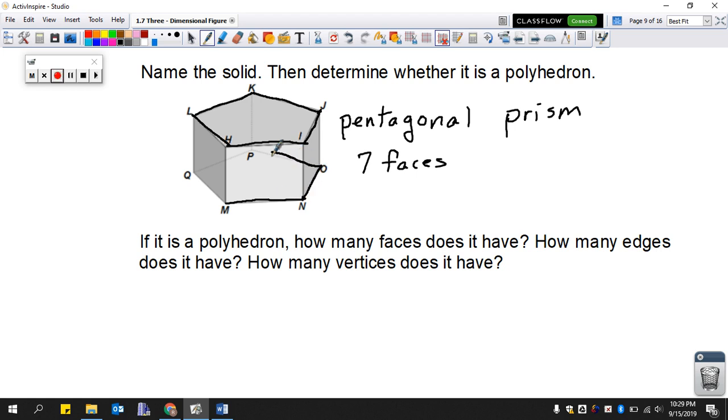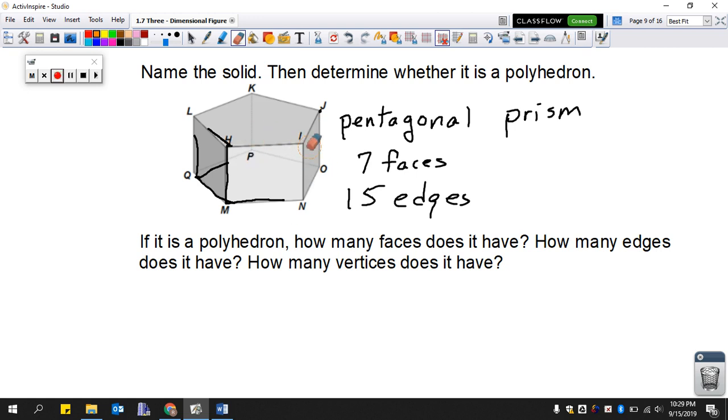And then it has 5 edges that connect the top and the bottom. So that would be 15 edges. All right.